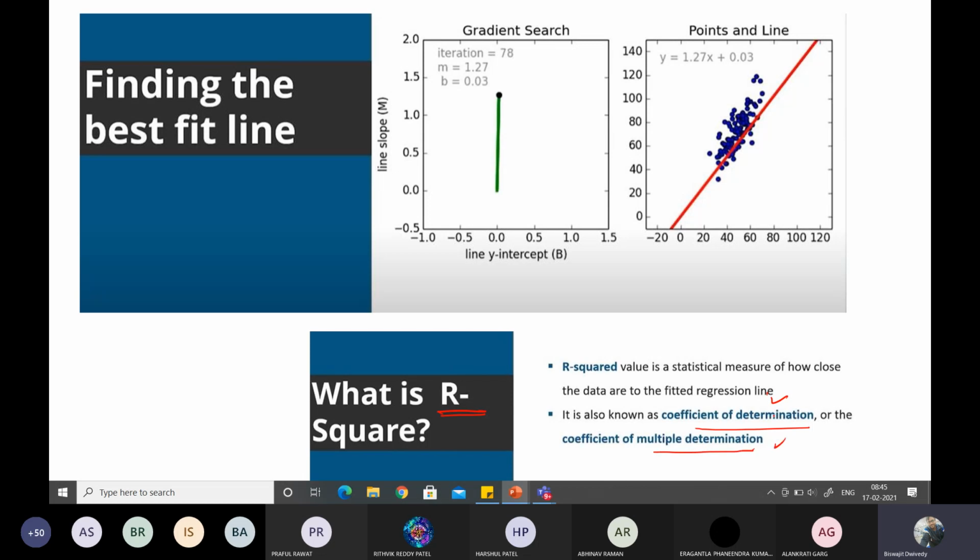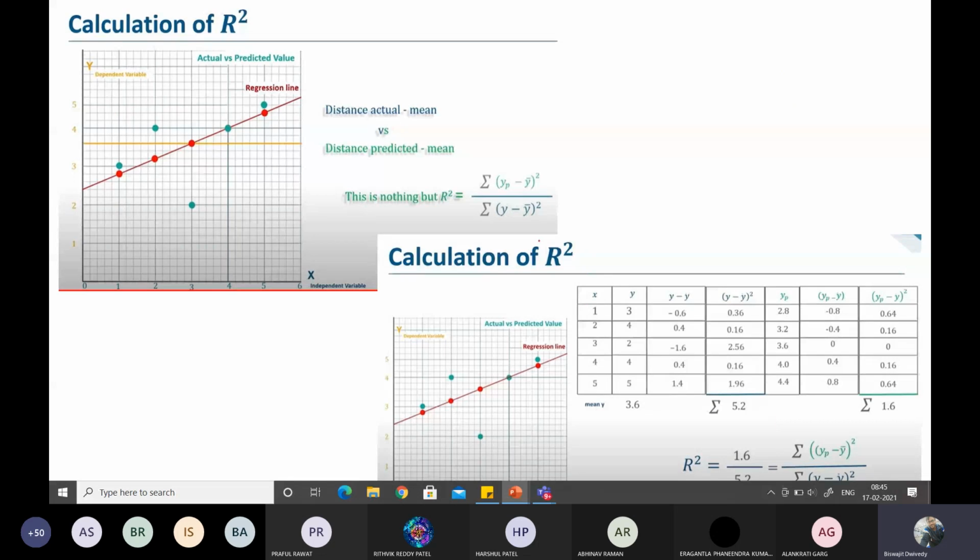So how are we going to find out the R square value? One small formula is there. So this is the formula, and you can see here the predicted value is written as YP. Sometimes this is also written as Y cap, same thing.